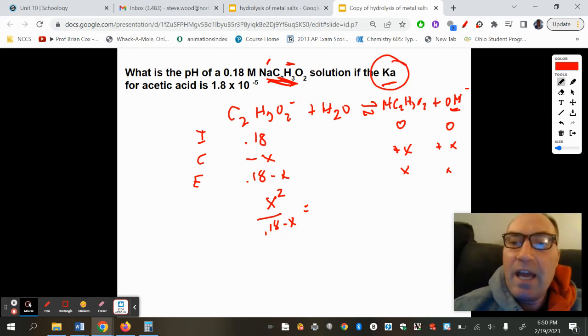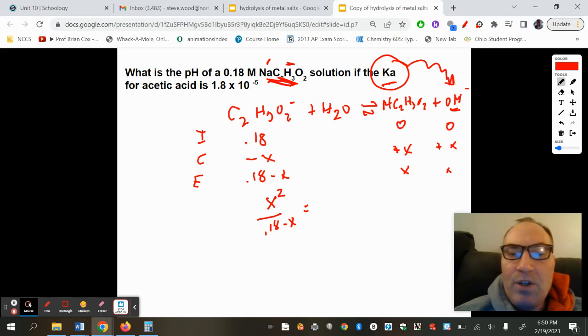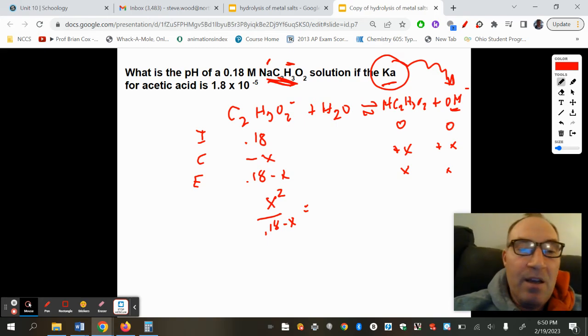See how they give us Ka? But this is a base. What do we do? Well, the first thing you have to do is find Kb. So you're going to do Kw is equal to Ka times Kb. The water equilibrium constant is equal to acid times base.